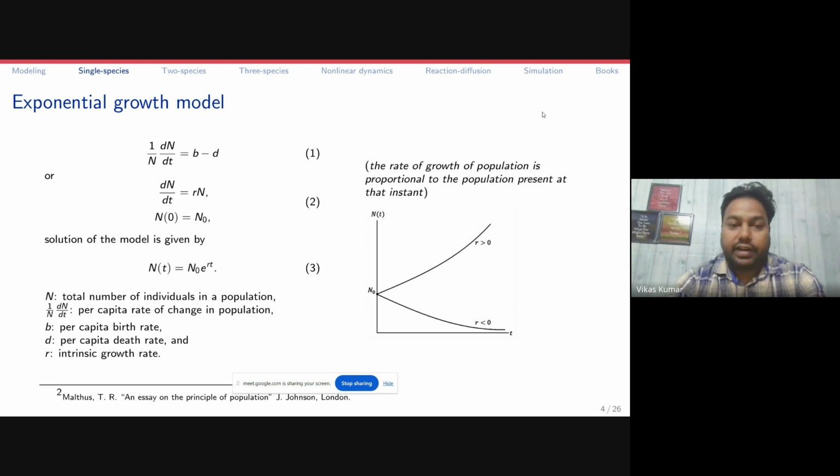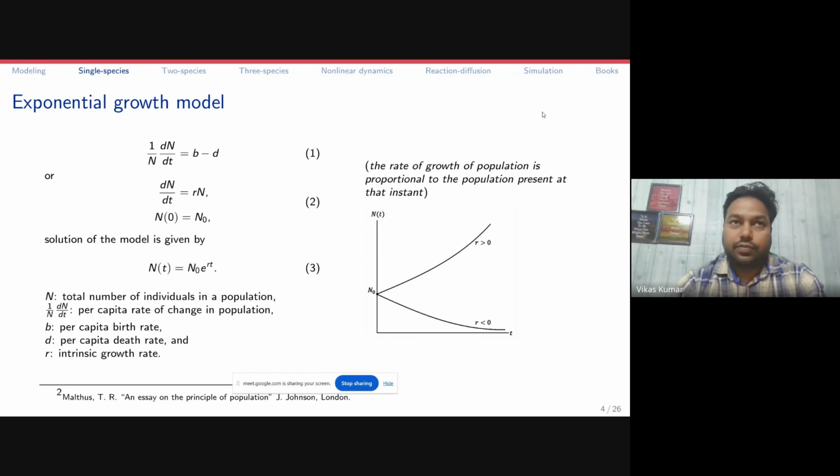Of course, we can treat it as birth minus death, and even more parameters can be assumed, like immigration or migration. So this model is proposed with equation number 2 and could be solved with positive initial conditions.